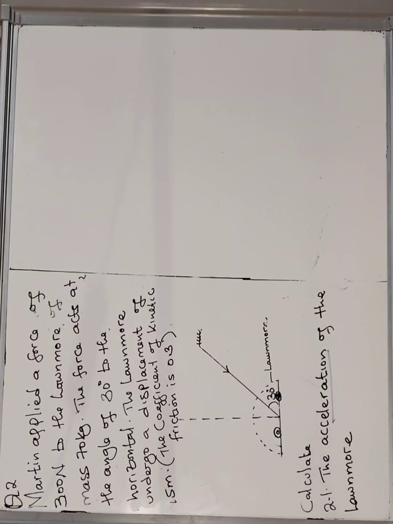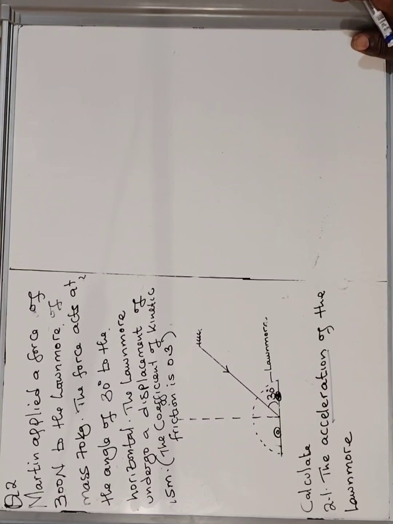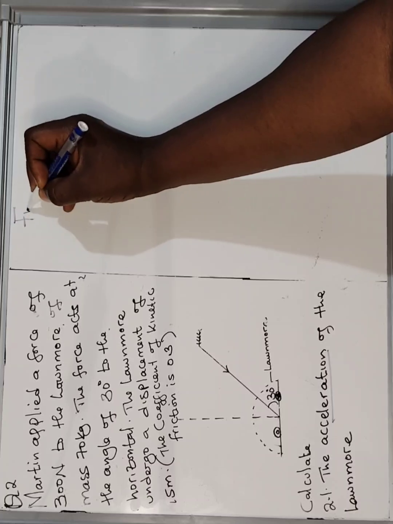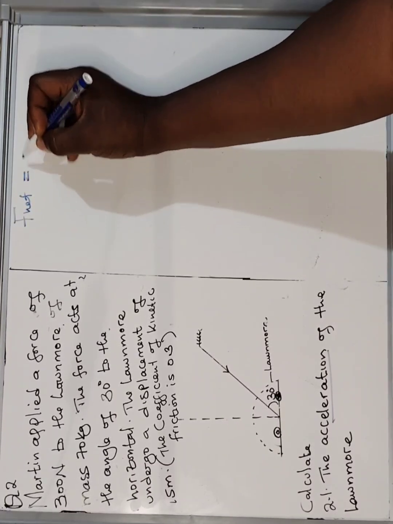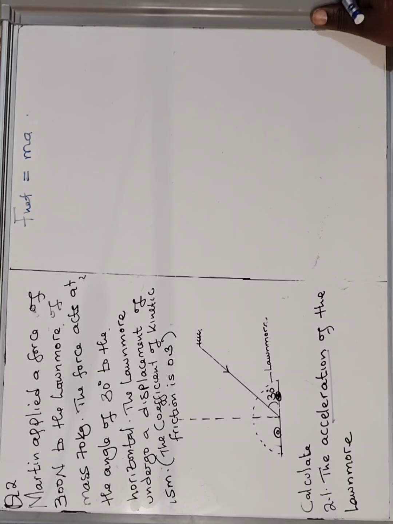What we are going to do is use Newton's second law, which says F net is equal to ma. So we know the mass.